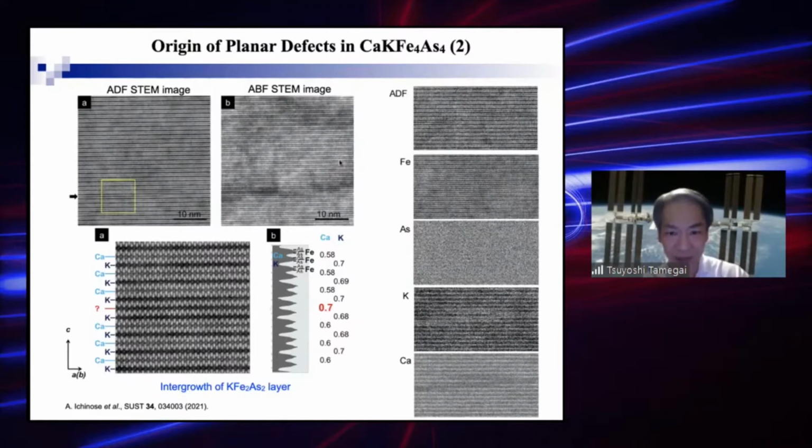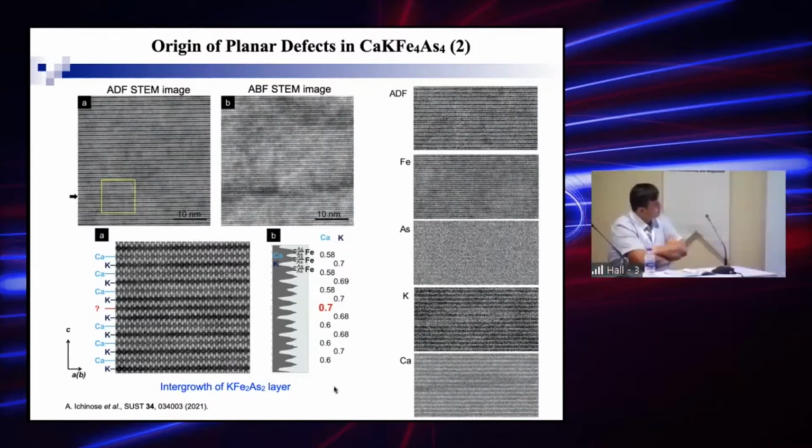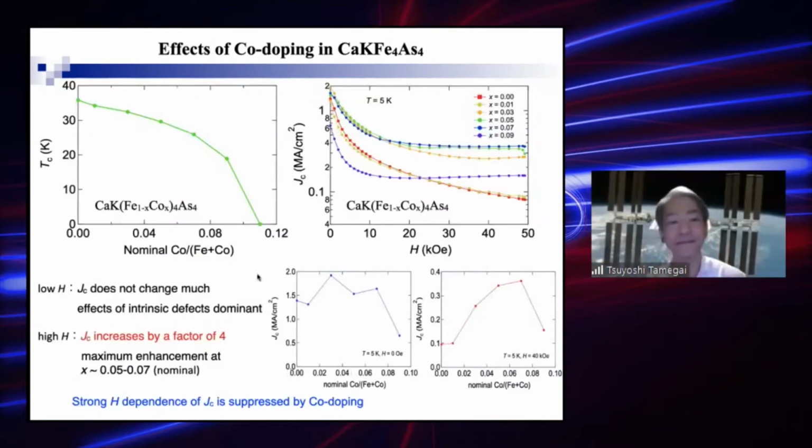However, when we made a high resolution EDX measurement, actually here potassium is more, and in the same region calcium is less. So it also justifies this potassium 1-2 growth intergrowth. Okay.